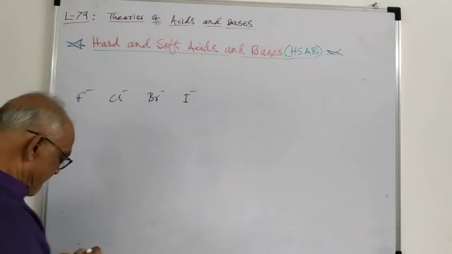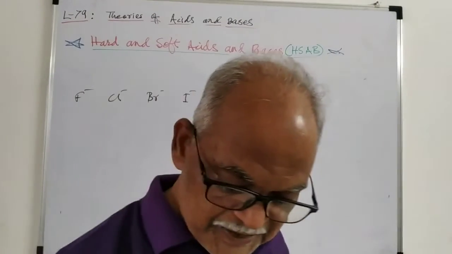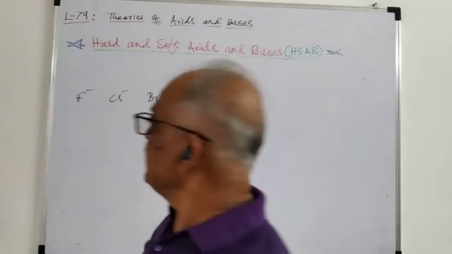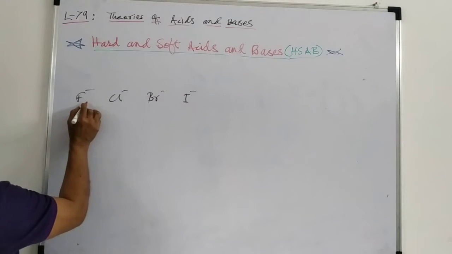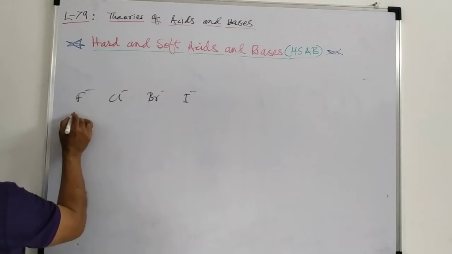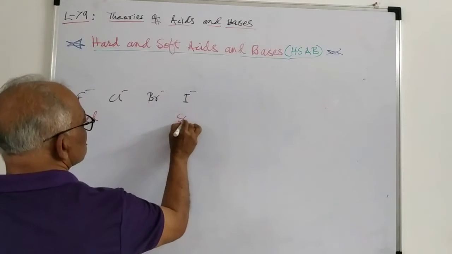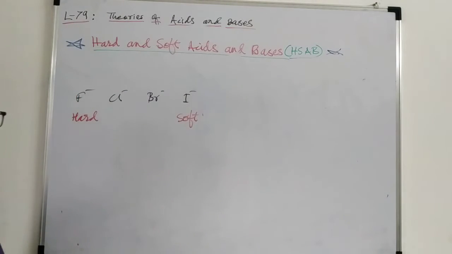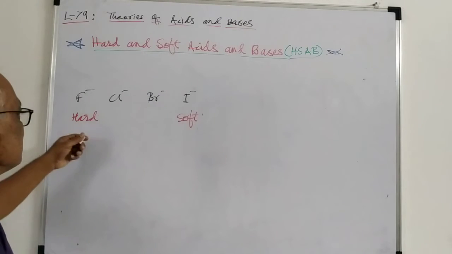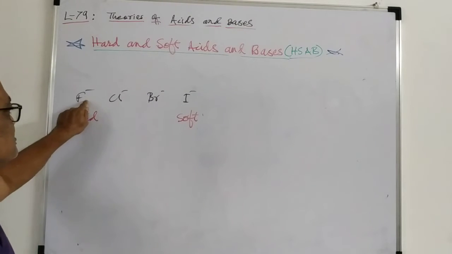So if we consider the anions, say this is hard and this is soft, and these are intermediate, meaning relatively less hard.